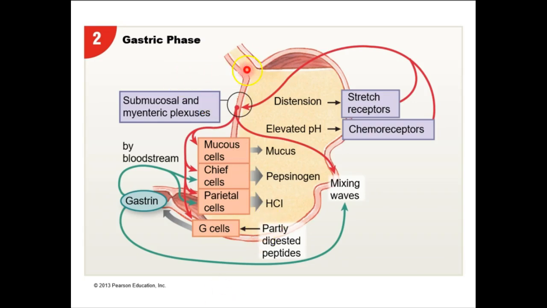In the gastric phase, now food has entered the stomach. The food bolus has entered the stomach here. There's going to be several things that are going to continue the actions of these cells that we just talked about in the last slide.